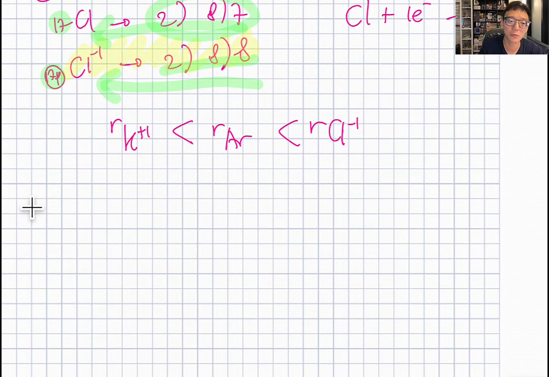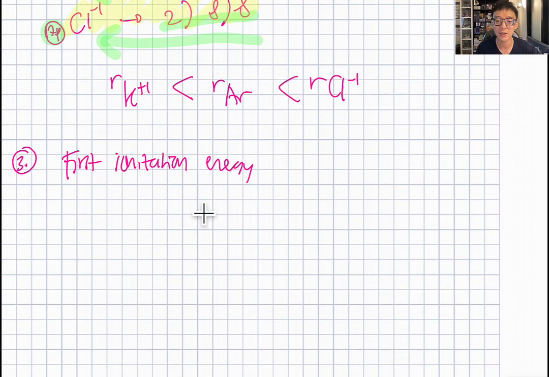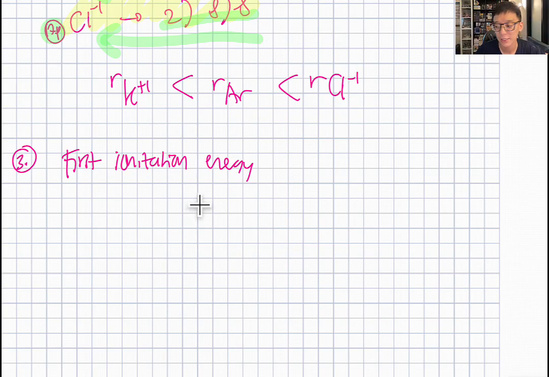Now I would like to discuss the third property, which is the first ionization energy. Ionization energy, especially the first one, is the energy required to strip one electron from an atom in its gaseous form.